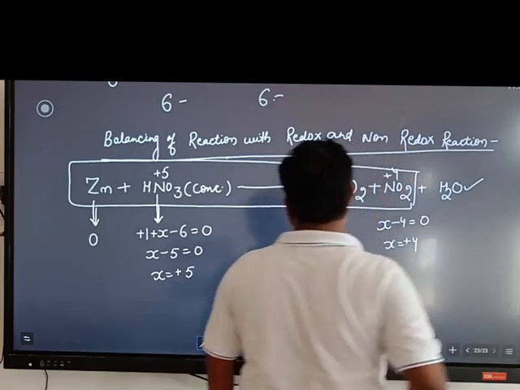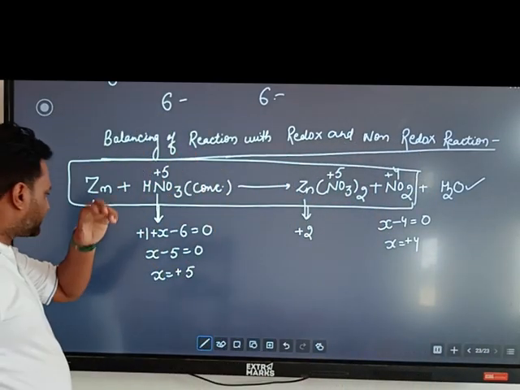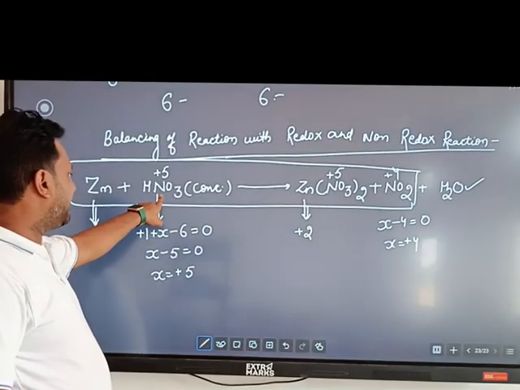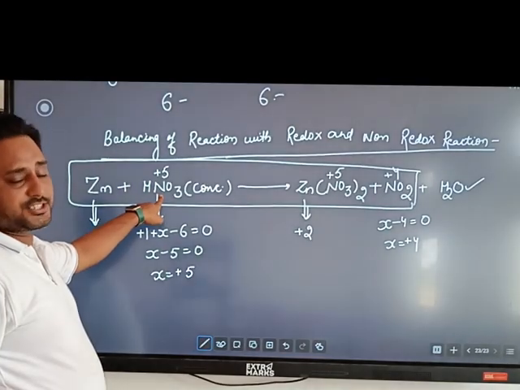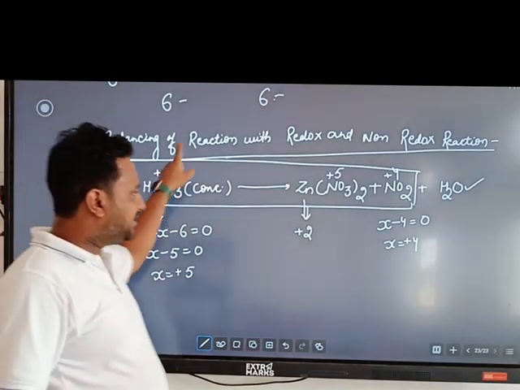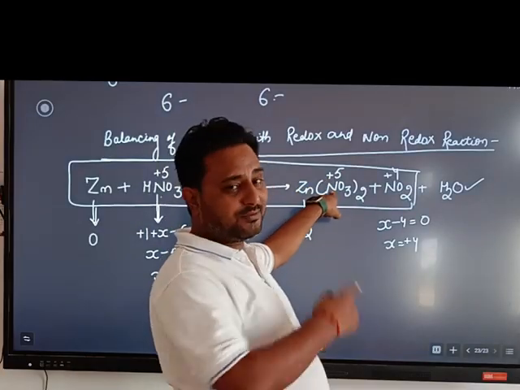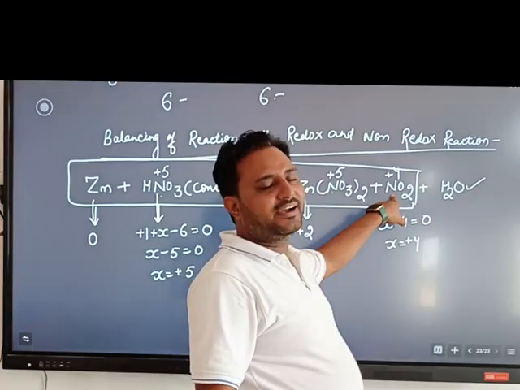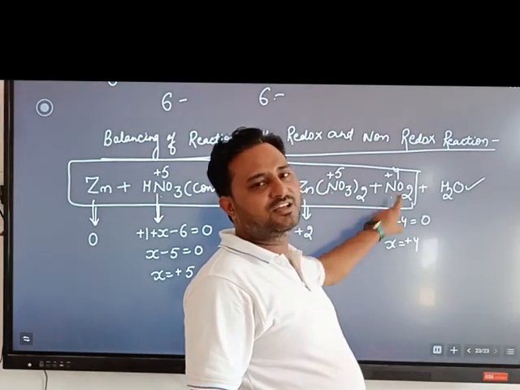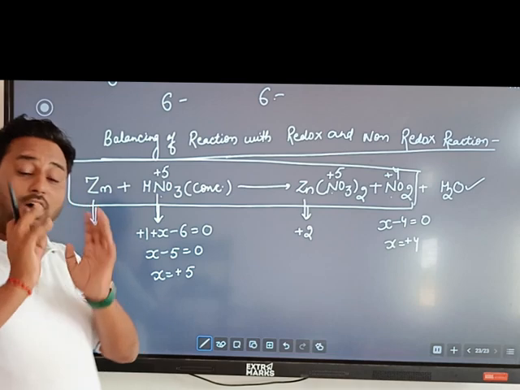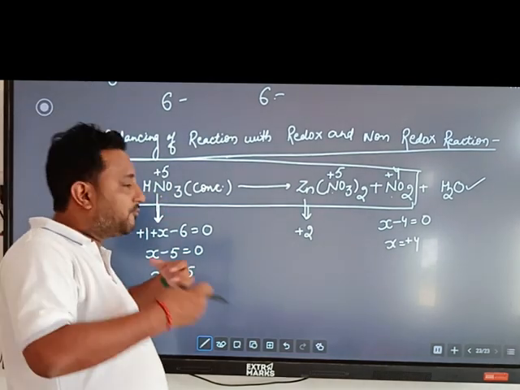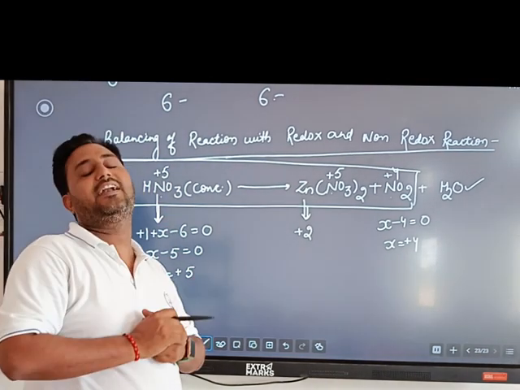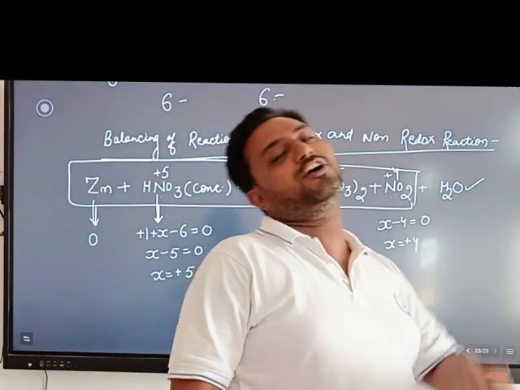So in this way, see the reaction carefully. In nitric acid, nitrogen having the oxidation number of +5. In zinc nitrate, oxidation number of nitrogen is constant, but in nitrogen dioxide, its oxidation number is variable. So you are going to solve that reaction in which for one element reaction is redox as well as non-redox.